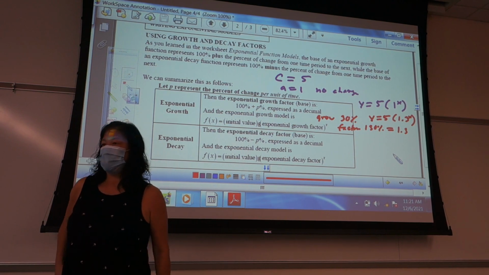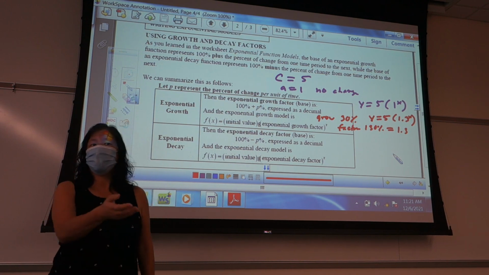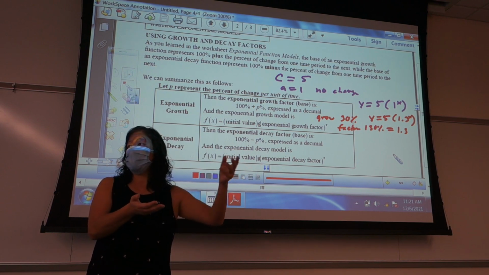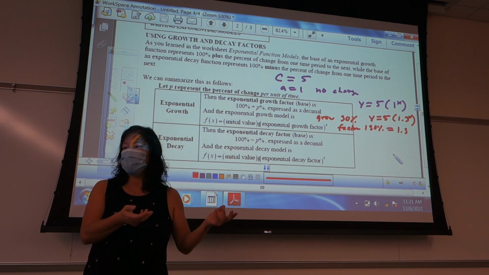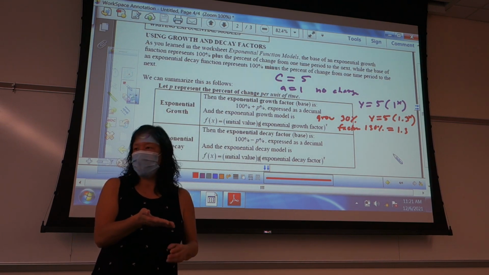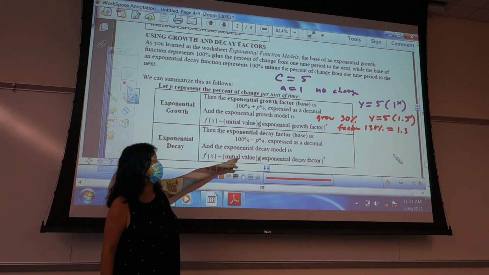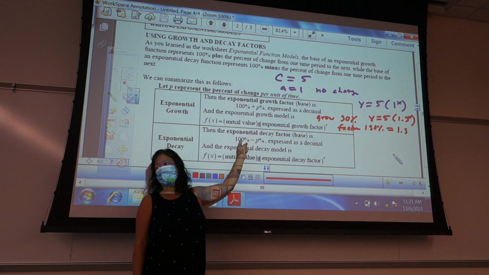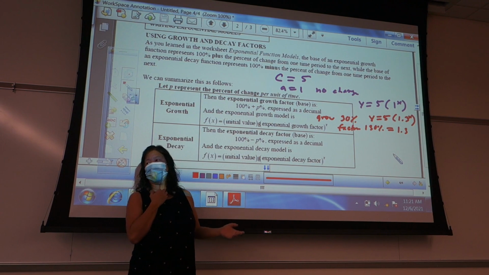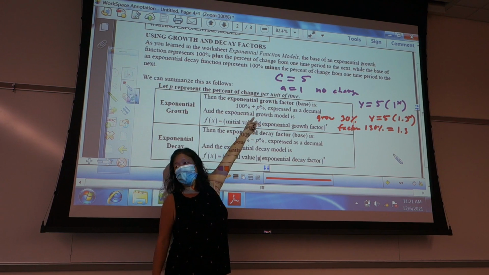I can have $5 and invest it, or bet it on whoever to win, and that can grow 300% and become $20 if I bet on the right thing, but I can't lose more than my $5. Is everyone kind of following? So I can't lose more than 100%. The decay factor can only go down to, at the very most, 100%, and at that point it would just go through one cycle and then it'd be nothing. The math doesn't deal with that. Right, exactly. Whereas it can grow by more than 100%.